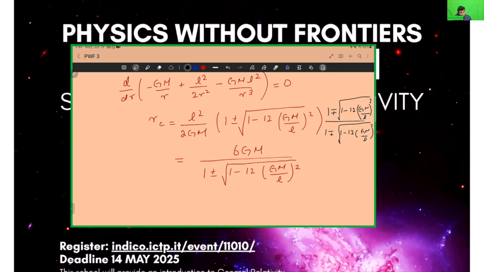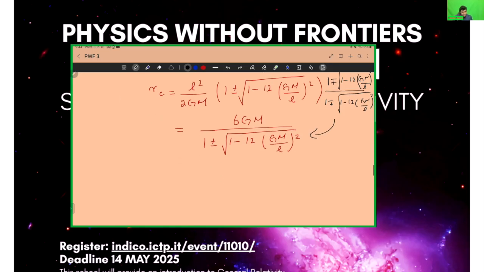Now here too, you can see that there are two solutions, one with the plus sign and one with the minus sign. If you want the bigger radius, then you want the denominator to be smaller. The smaller thing will occur when you use the minus sign. So it means that the minus sign gives you the bigger radius solution.